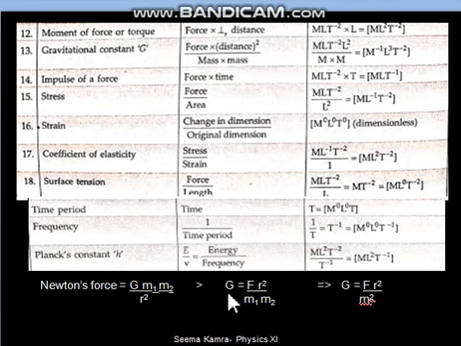Now once the capital G formula is obtained, we will simply replace all the quantities by their dimensional formulas. So let us use the formula force into distance square upon mass into mass. This is the formula for gravitational constant capital G.